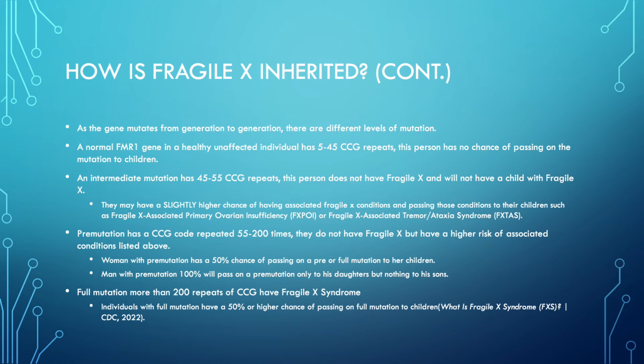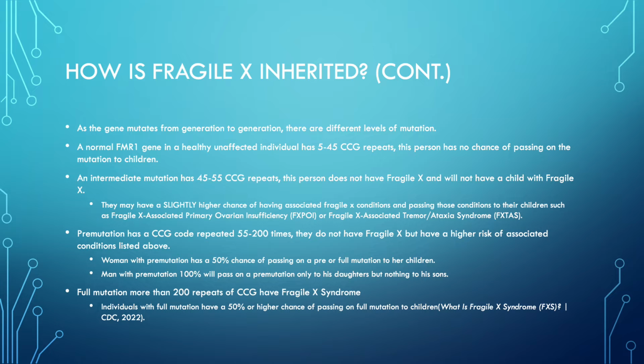As the gene mutates from generation to generation, there are different levels of mutation. A normal FMR1 gene in a healthy, unaffected individual has 5 to 45 CCG repeats. This person is healthy and has no chance of passing on the mutation to children. An intermediate mutation has 45 to 55 CCG repeats.